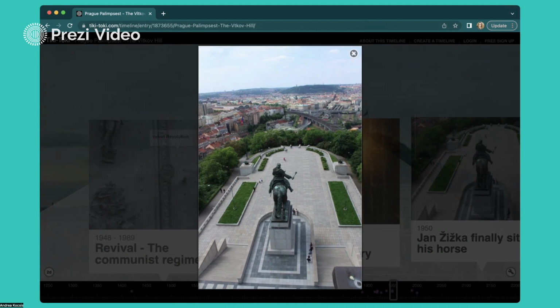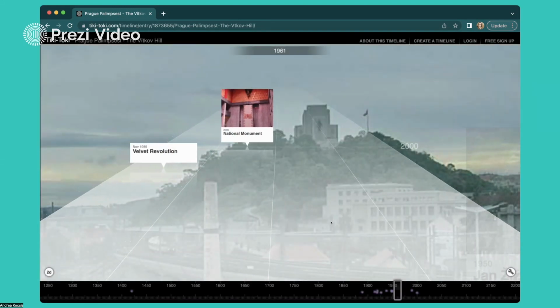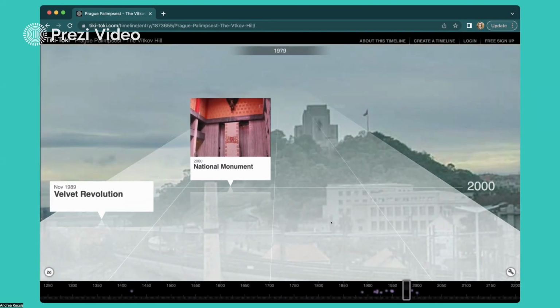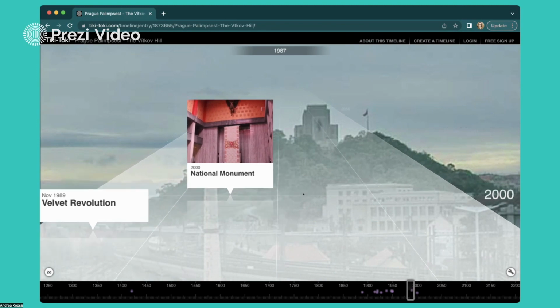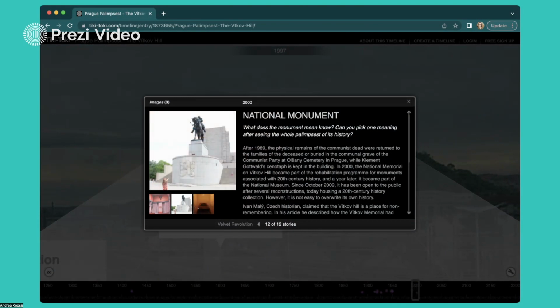And since then, Jan Žižka has been sitting on his horse above the tomb of the unknown legionary, in connection to a building which at this time is hosting the physical remains of the communist leadership of the Czech Republic. And that's how we are getting to the Velvet Revolution and the regime change in Prague, and find ourselves at the monument today. What happened after the regime change?